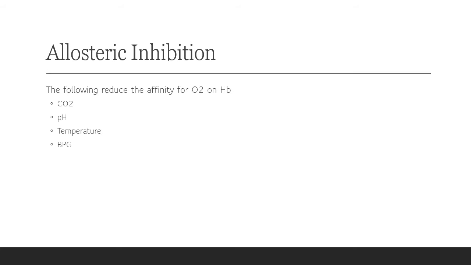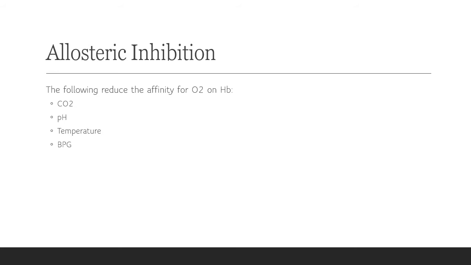What causes the oxygen to drop off the hemoglobin when it gets to the tissue is based on the environment around the red blood cell. When the red blood cell goes through the capillary bed, the tissues are giving off substances that change the affinity for O2 to bind to hemoglobin. For example, when the tissue gives off carbon dioxide, this increases carbon dioxide in the environment.